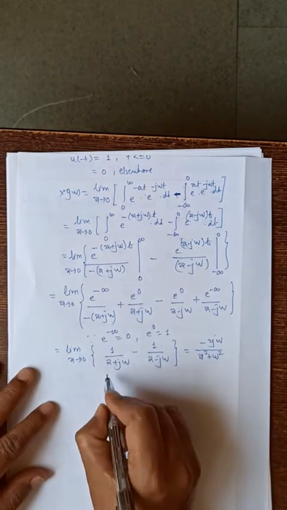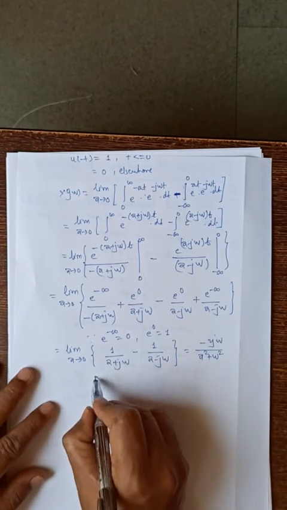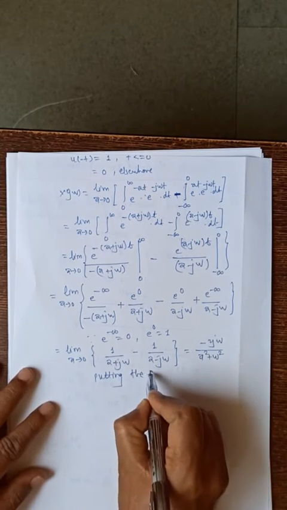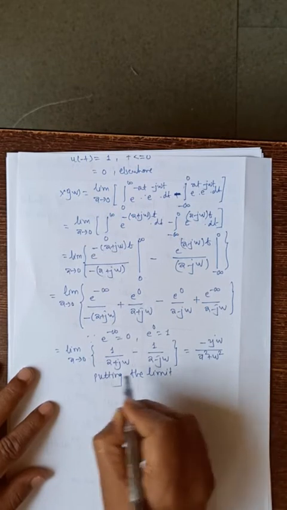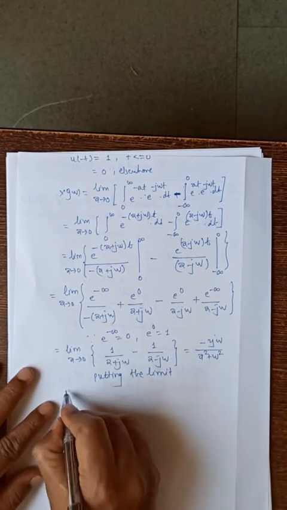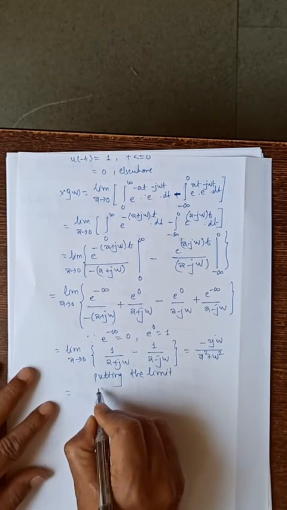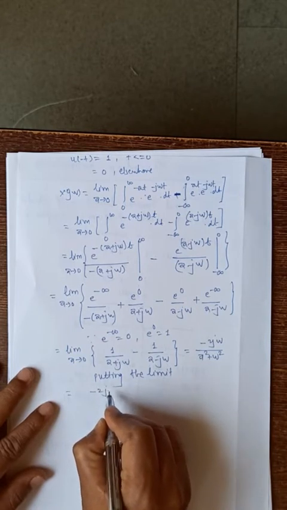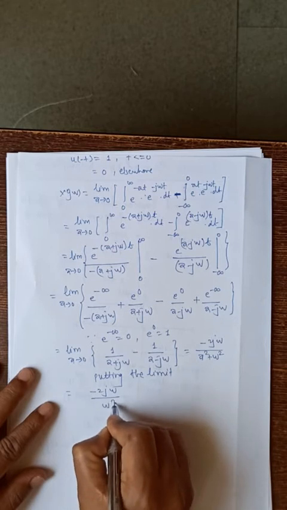Now putting the limit a is equal to 0, it reduces to minus 2j omega divided by omega square.